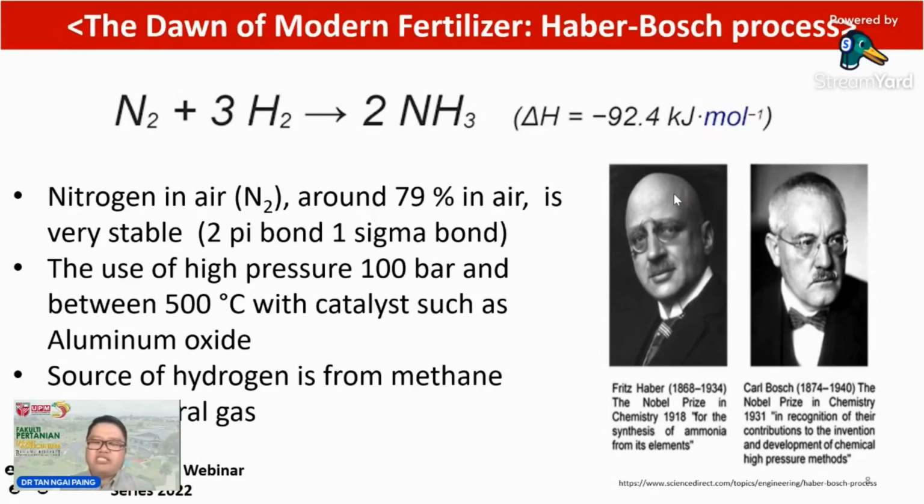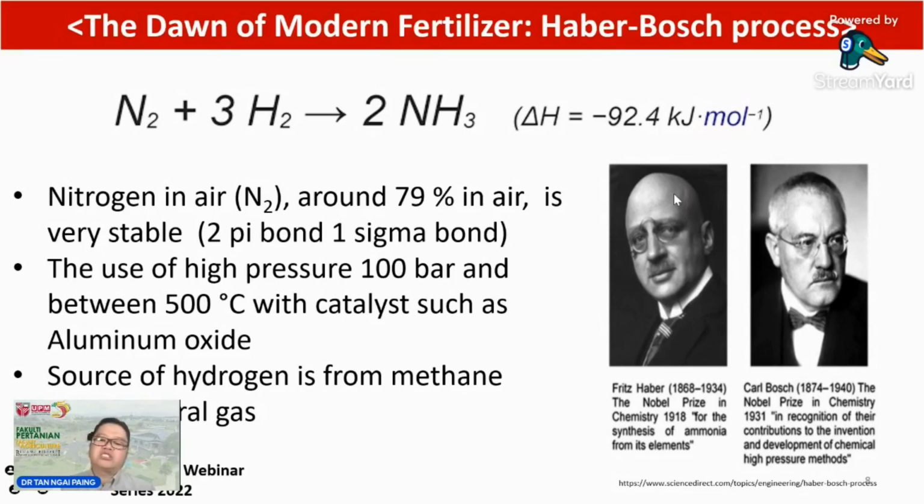But you have to understand, many years ago, how were you going to break the nitrogen? Everyone knows nitrogen has a very strong bond. It has a triple bond, made up of two pi bonds and one sigma bond, so breaking this triple bond is very difficult.